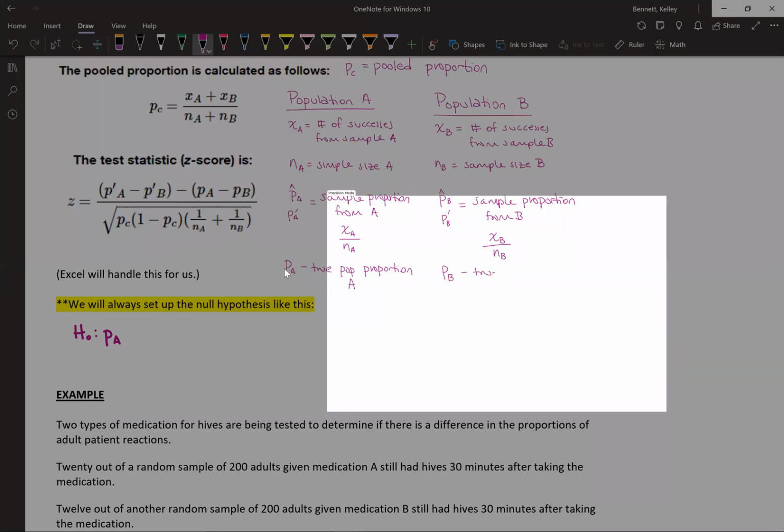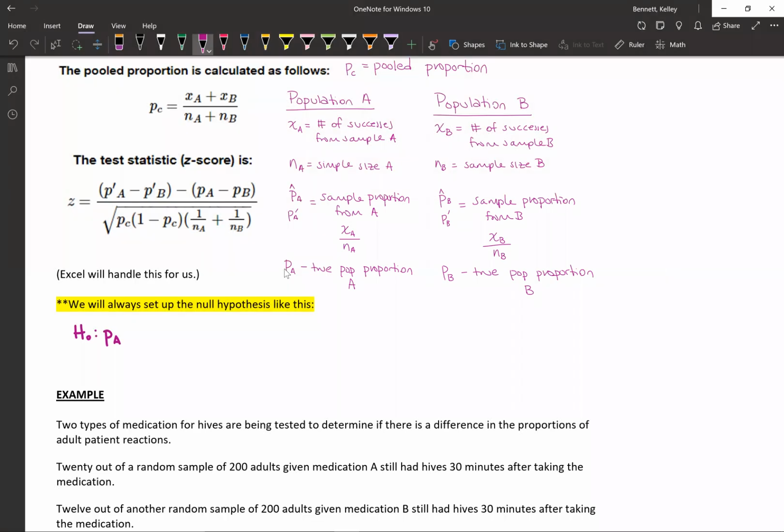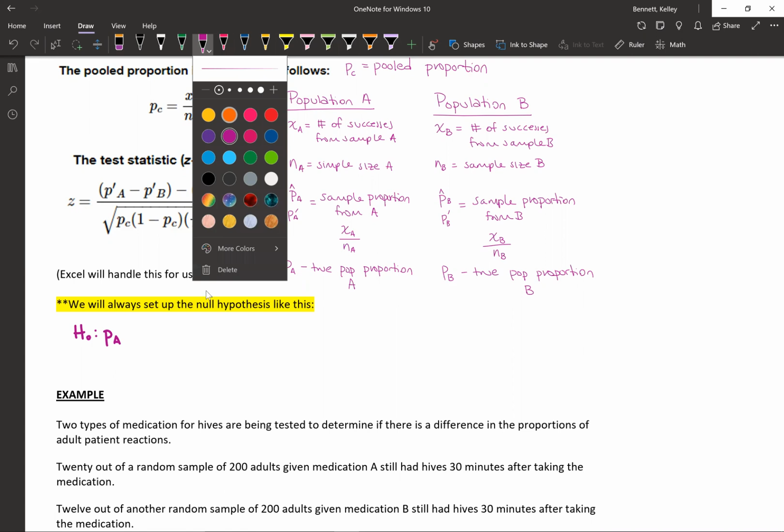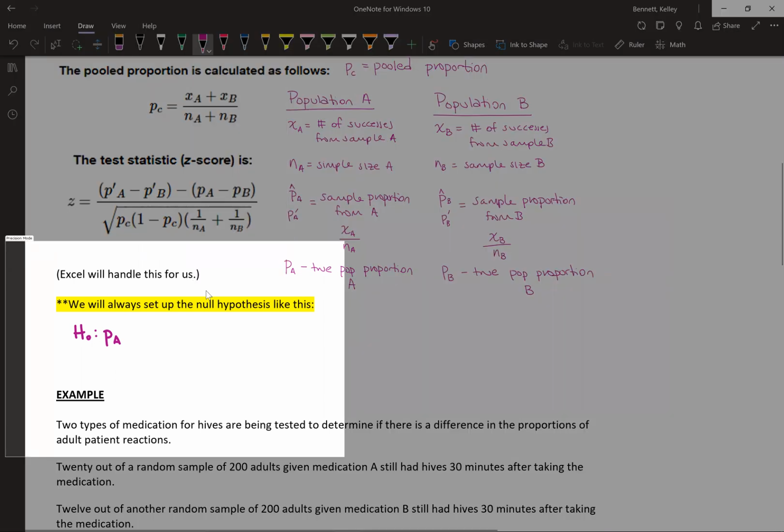This is the true population proportion for population B. This is like mu 1 and mu 2 or mu A and mu B, but instead of mu for means, we're using P for proportions. So when I'm stating the null hypothesis, I'm going to use that notation. Instead of mu A and mu B, I'm going to use PA and PB because we're now doing a hypothesis test on proportions, P, not means, mu.